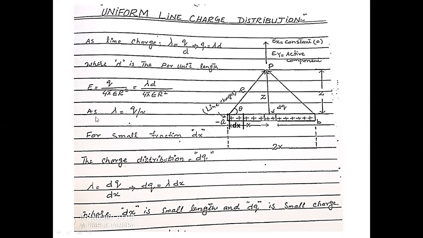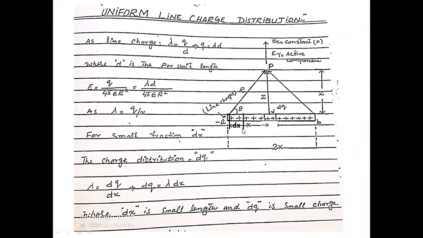Now d is equal to x. In the given example we have a transmission line that extends from minus a to b, and we take a length x. So dx is the small length.